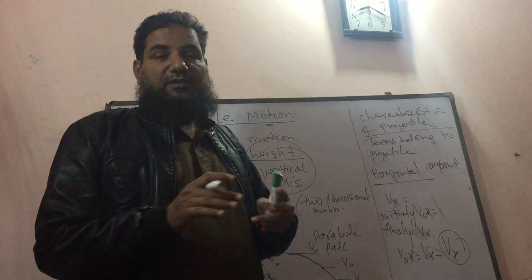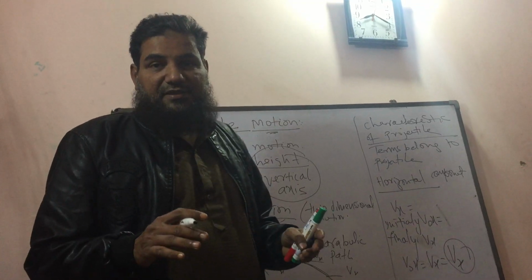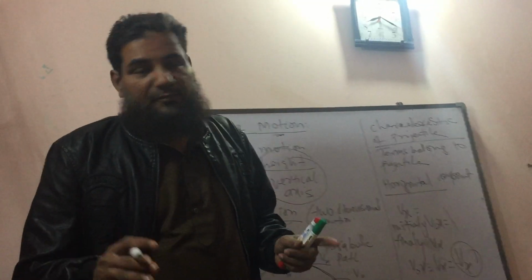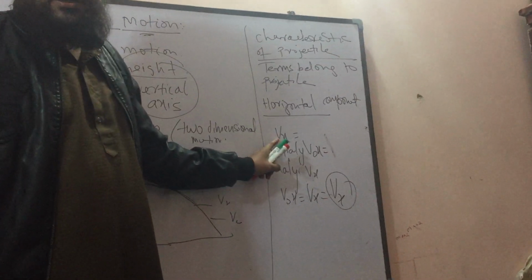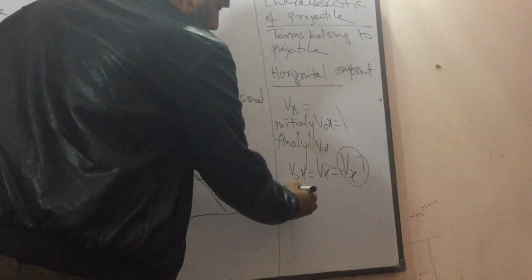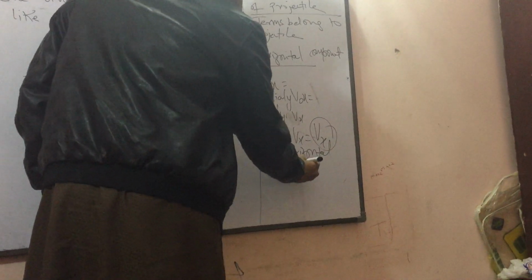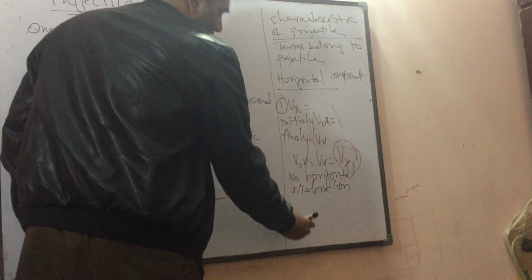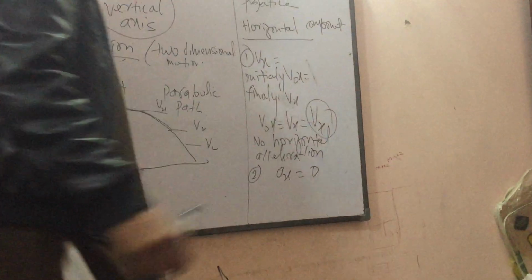When an object moves in projectile movement covering a parabolic trajectory, its horizontal component remains constant. Okay? There is no horizontal acceleration. When an object moves on a projectile path, firstly velocity is constant, and secondly there is no horizontal acceleration.